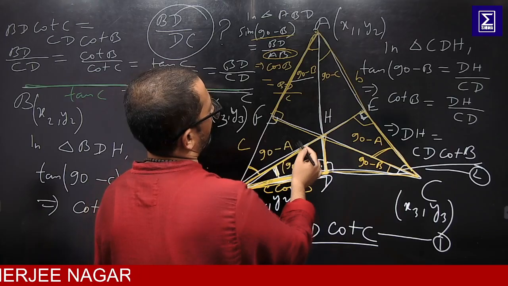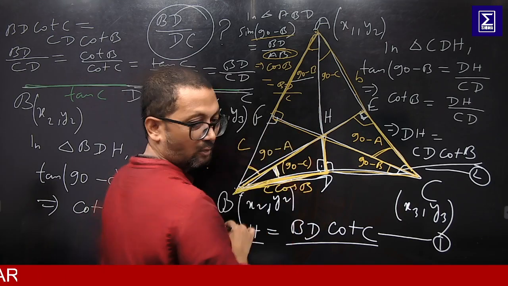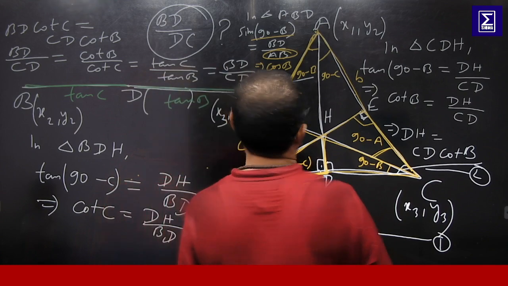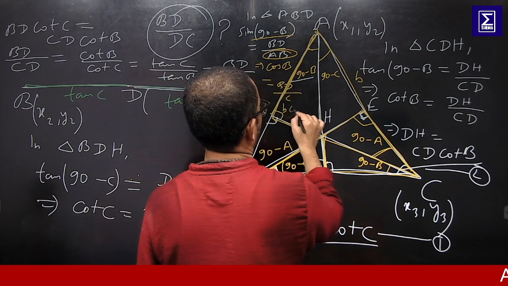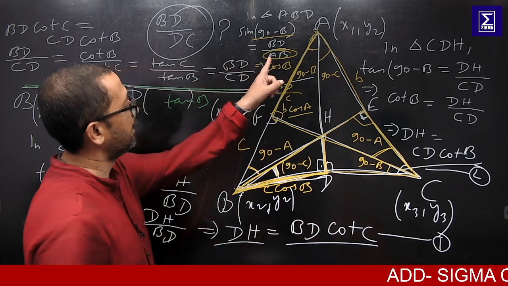So here it would be b cos A. AF will be b cos A. You have to take triangle AFH.